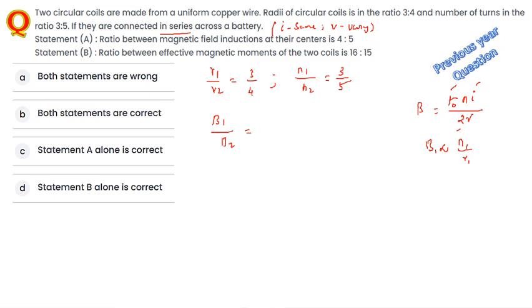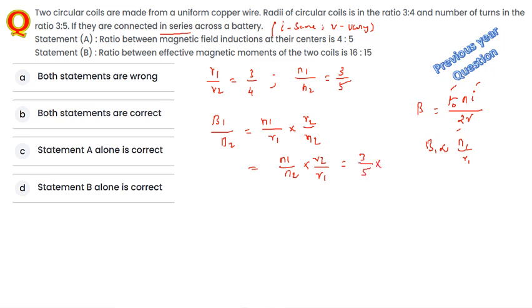So B1 by B2 is n1 by r1 whole divided by n2 by r2, so what you are going to have is r2 divided by n2. So n1 by n2 into r2 by r1. Now n1 by n2 they have already given, 3 by 5.